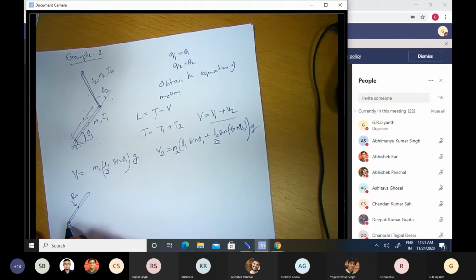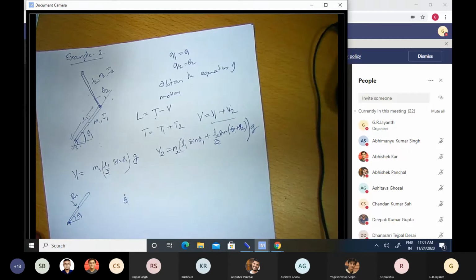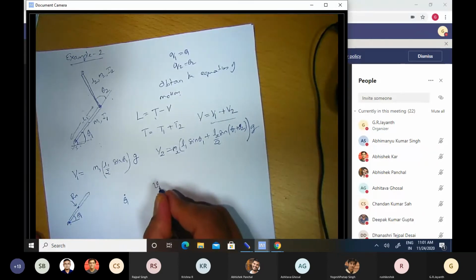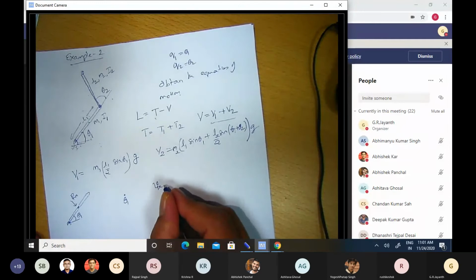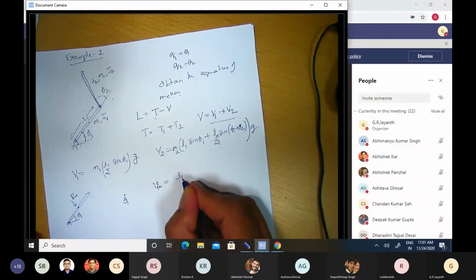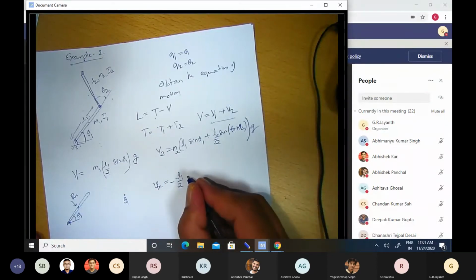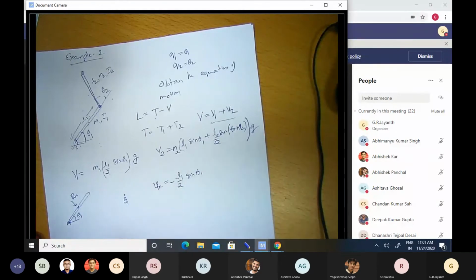Okay, so if this angle is theta 1 and it is changing at the rate theta 1 dot, then what is the x component of velocity of the center of mass? It's going to be equal to minus L1 by 2 times sine theta 1 times theta 1 dot.